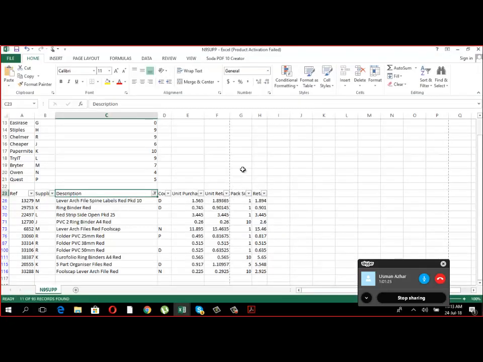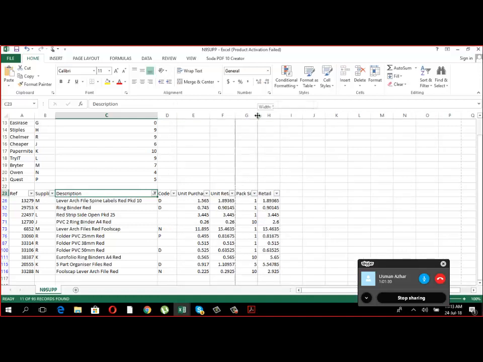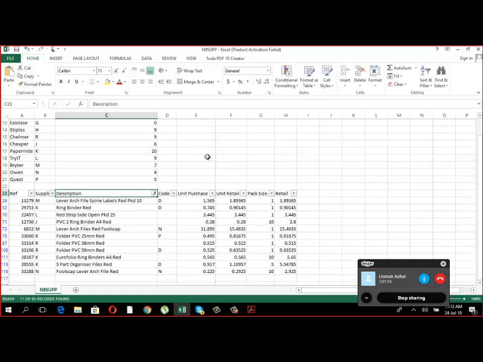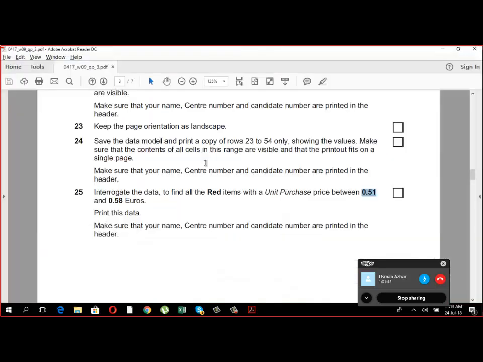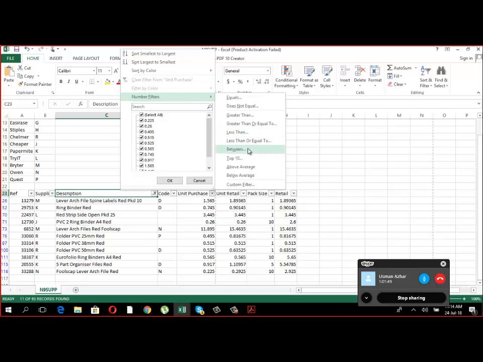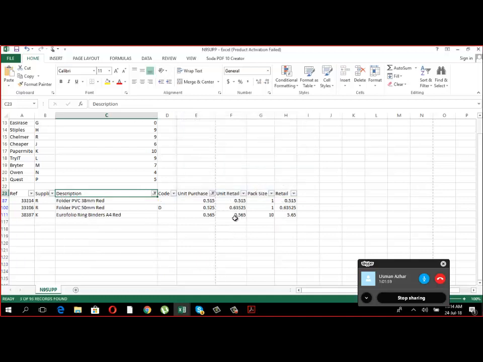Now clear. Unit purchase price between this and this. Agree? Okay.